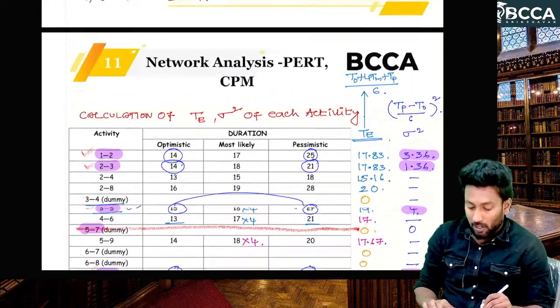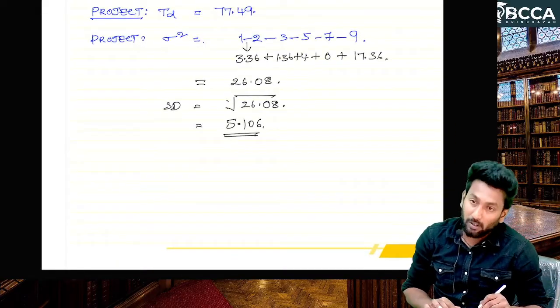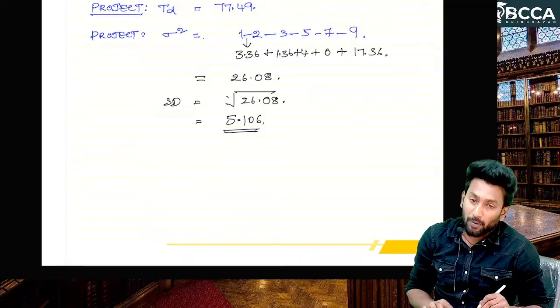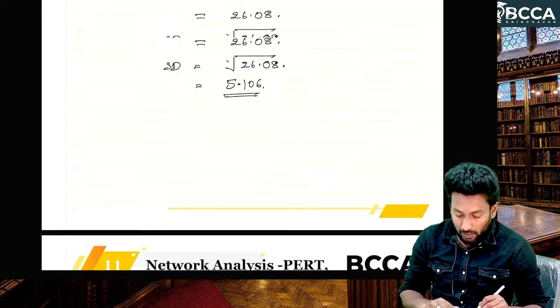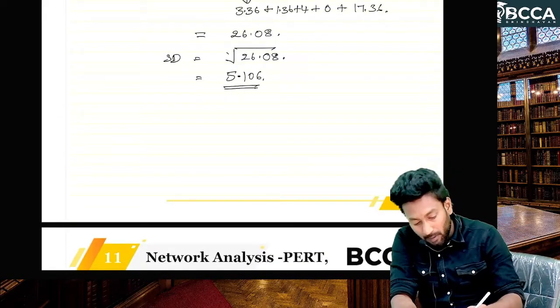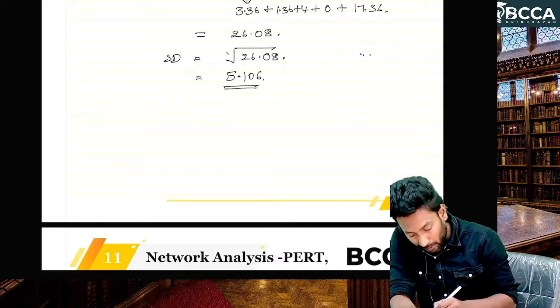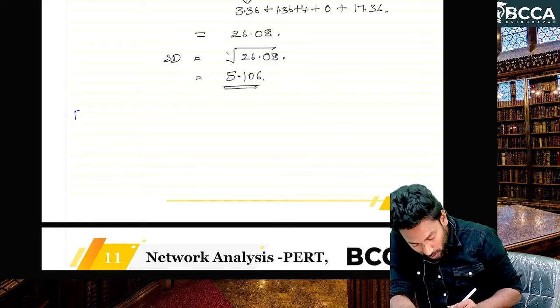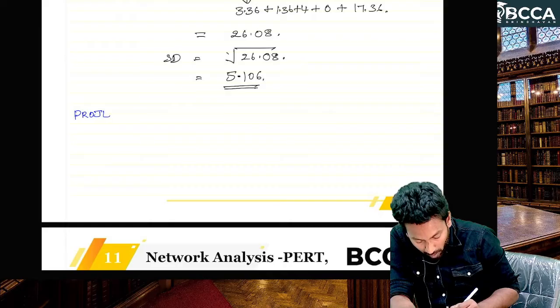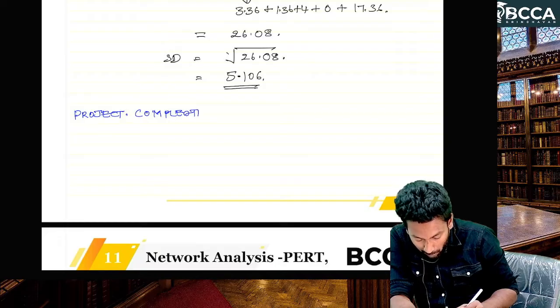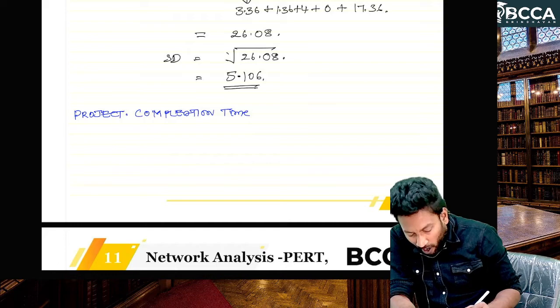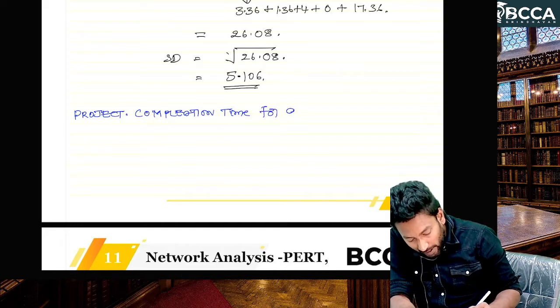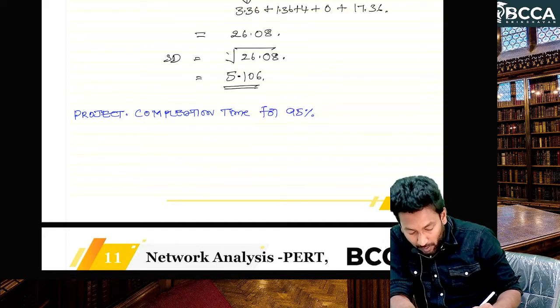Now we need to calculate, with 95% probability, within how many days we can complete the project. Project completion time for 95% of probability.